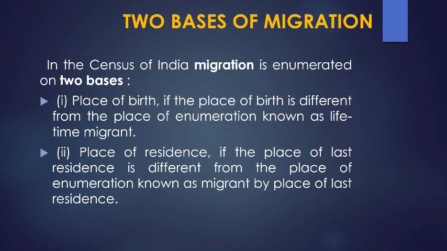Second is place of residence. If the place of last residence is different from the place of enumeration, they are known as migrants by place of last residence. 31% are migrants by place of last residence according to the 2001 census.